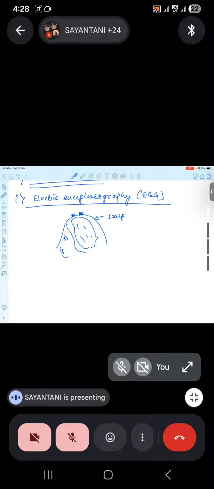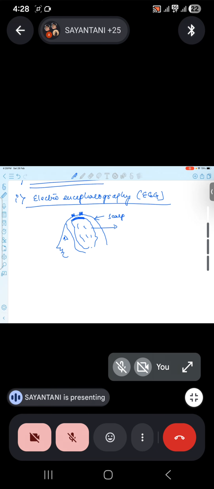Obviously, since the electrodes are placed just at the scalp, you cannot obtain the exact action potential response as you do from invasive or partially invasive techniques. You are not able to get values from individual neurons because the electrodes are not placed on top of the neurons. You are just taking the results from the top of the brain.